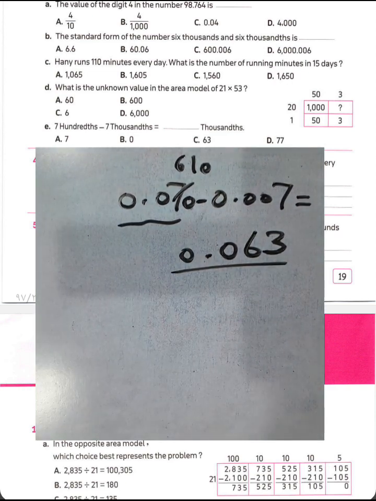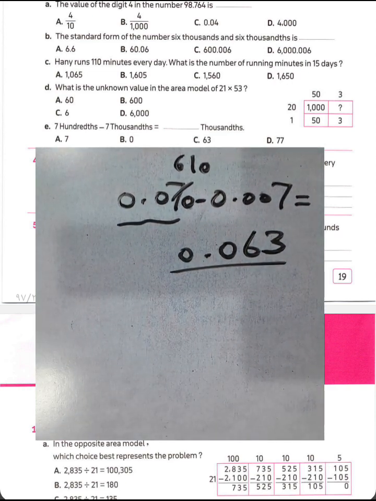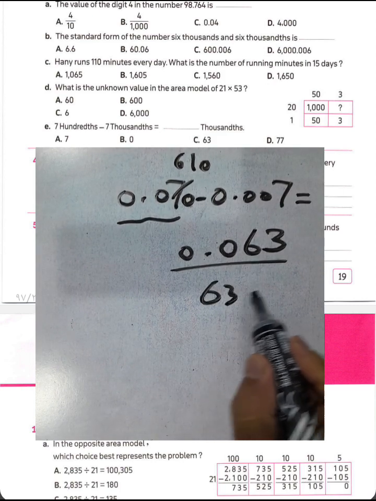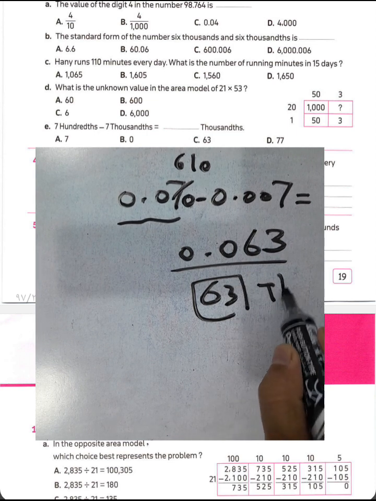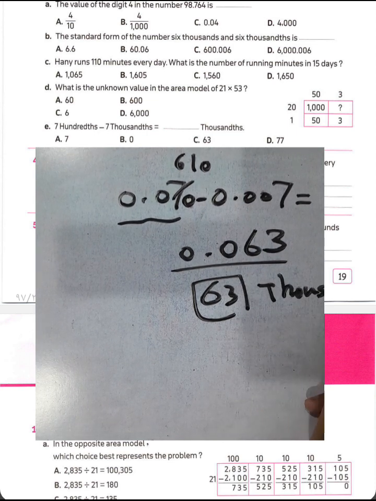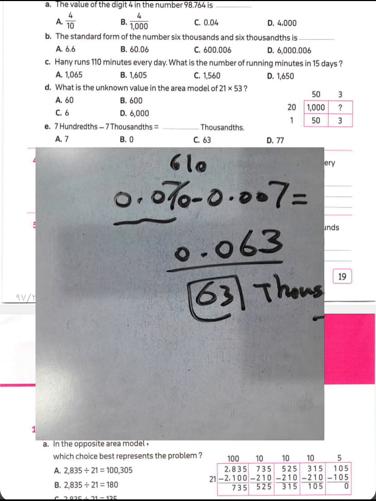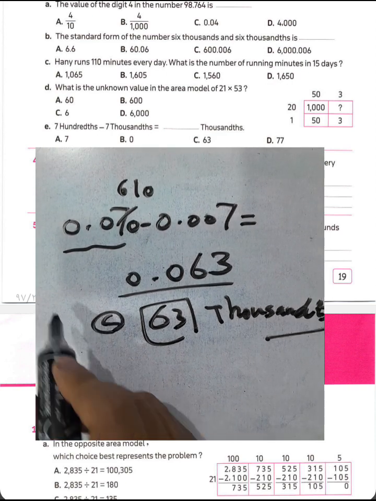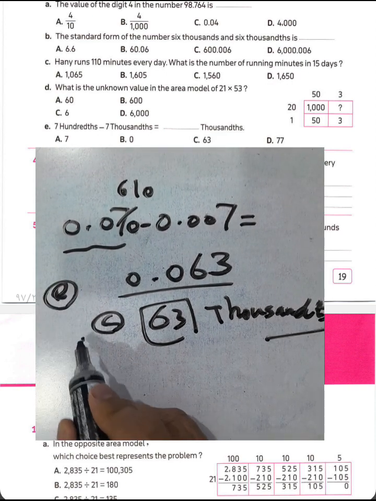The result here equals 63,000th. Then you can write here 63 behind this word 1000th. Choose letter C for question E.